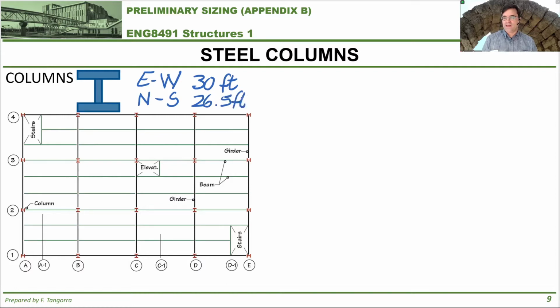So the whole idea, as you know, when it comes to tributary widths, is that a column, and for now we're looking at interior columns, supports an area that is the same as the area bound by one bay in one direction and one bay in the other direction.